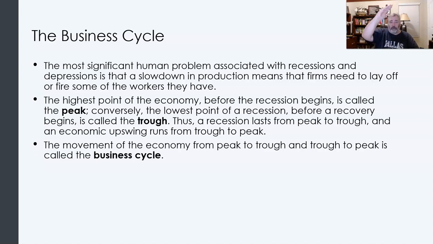Unemployment moves in the opposite direction. And so when the economy starts to contract, unemployment's going to be on the rise. Okay? So a recession is from peak to trough, but again, that is not in the traditional sort of colloquial way we think of a recession. This is the technical term for that contractionary period between peak to trough.